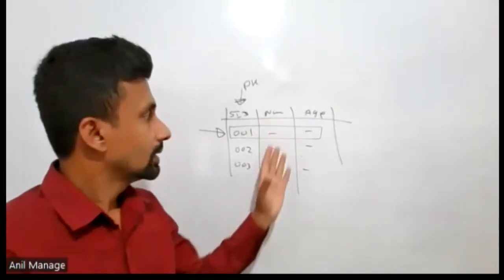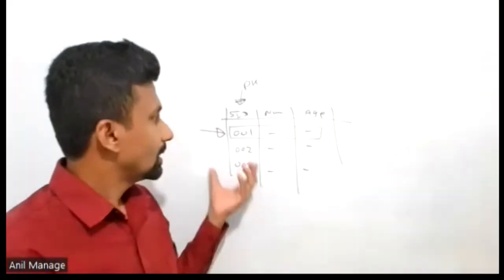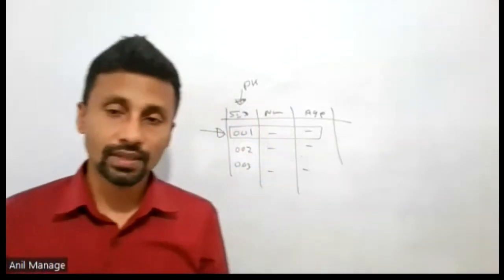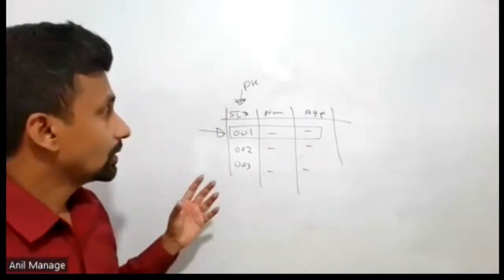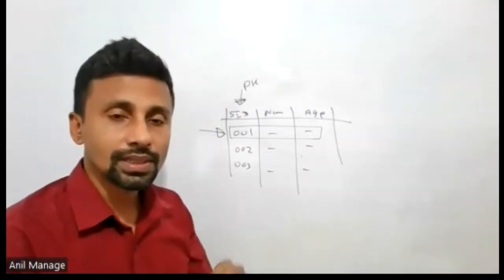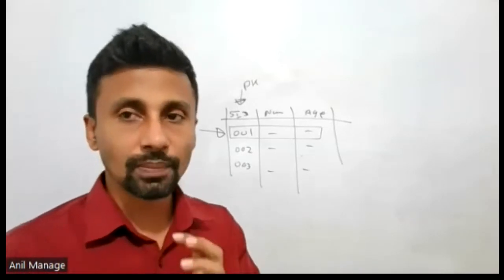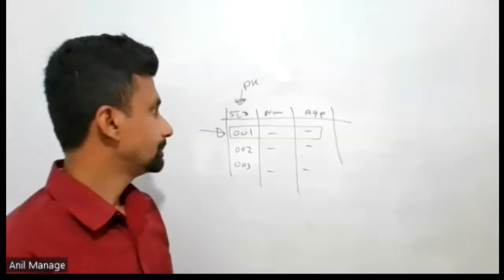So you can't take names as the primary key. Age even can't. But SID, if you take the index number or admission number of your school, that you can take as a primary key because it is not repeated. So if it is a primary key, it cannot be repeated. Remember that, right? It cannot be repeated.